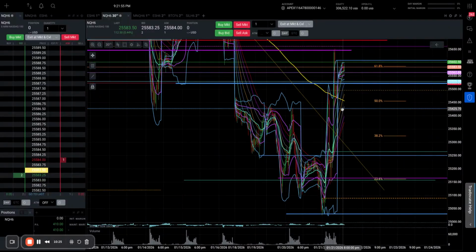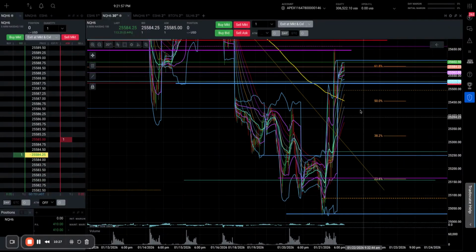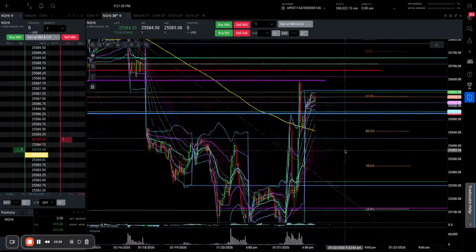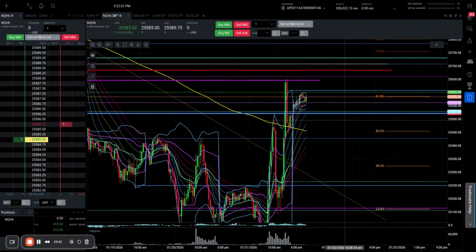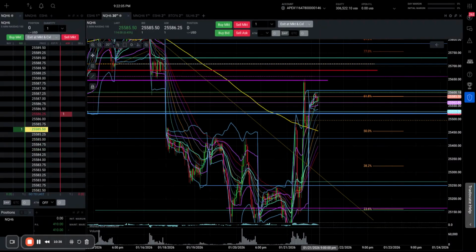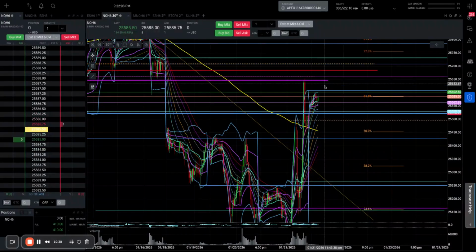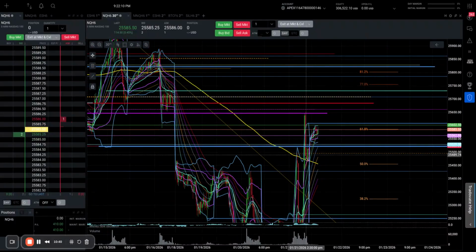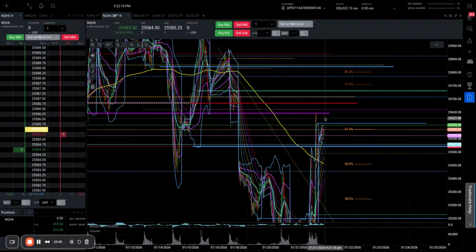And these are going to be some good key points of interest coming up soon on the 30-minute. Also, based on this pattern, it looks like it's just going to keep flying up here, looking super bullish. A good tag would be, boom, right up and just start blowing past all these levels pretty quickly.